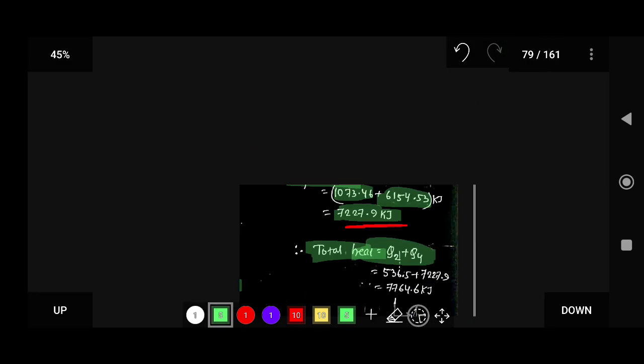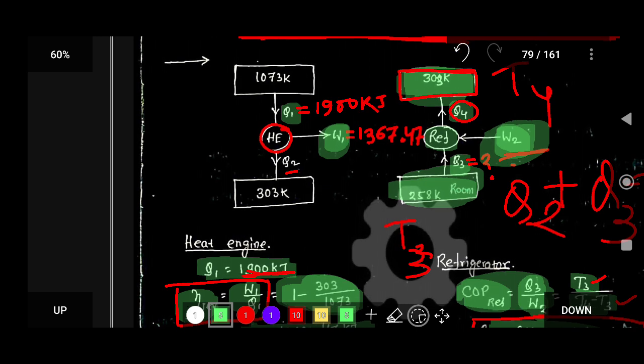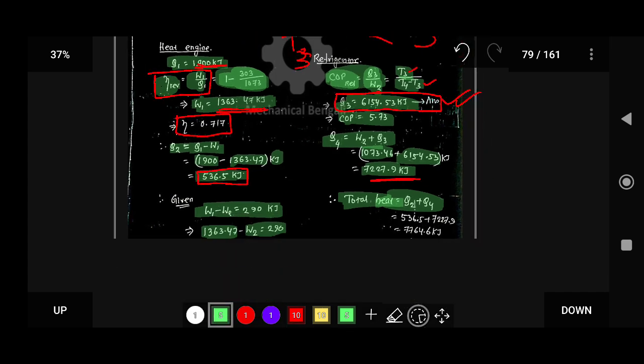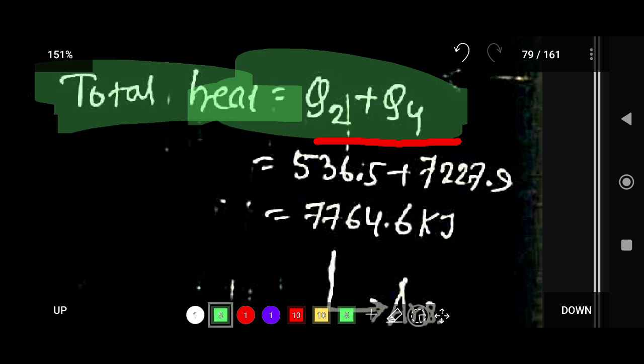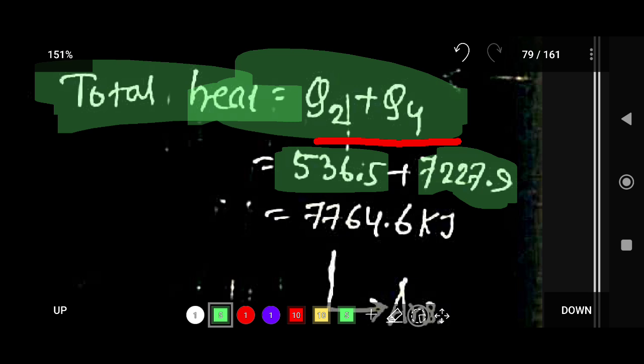So here a Q2 amount of heat is transferred to the 303 Kelvin, and here also a Q4 amount of heat is transferred. So what is the total amount of heat? That is equal to Q2 plus Q4. What is the value of Q2? That is 536.5, plus the value of Q4, that is 7227.9.